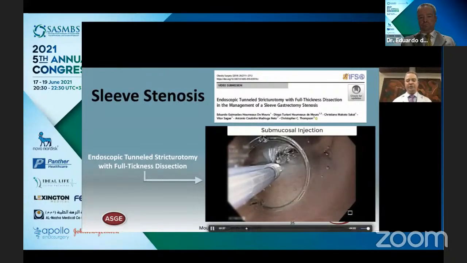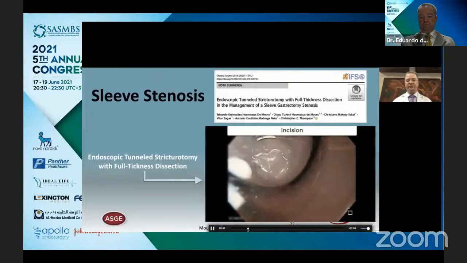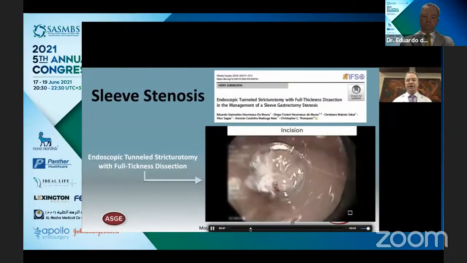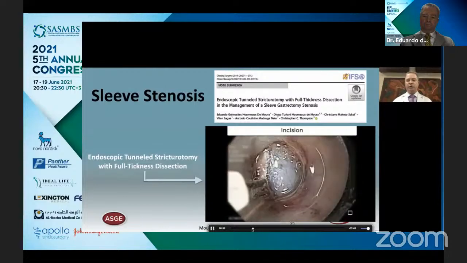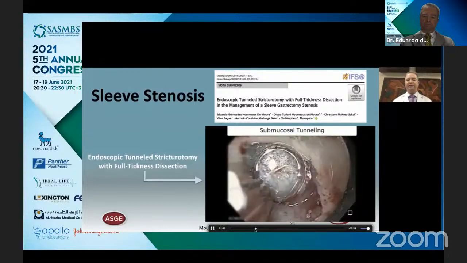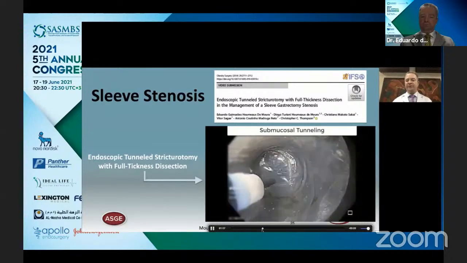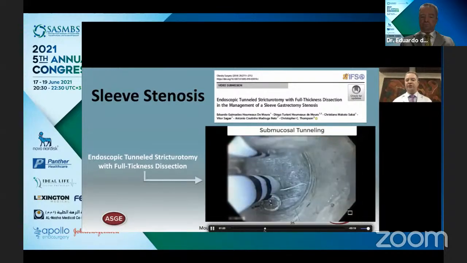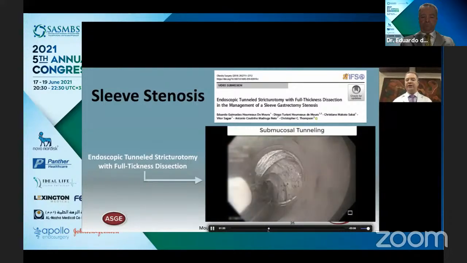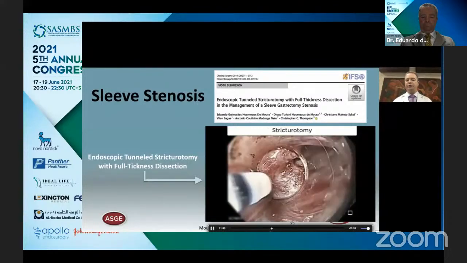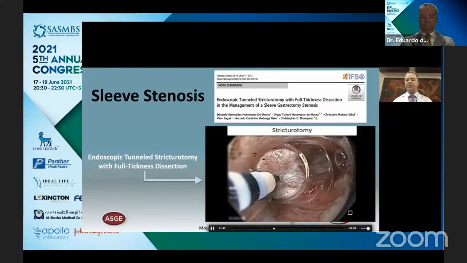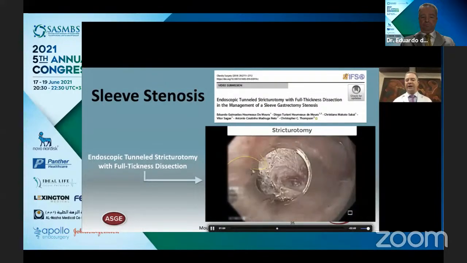In this video, it's possible to identify the moment that I cut the mucosa, identify the submucosa area, initiate the tunnel, identify the fibrosis area and the stapler line.